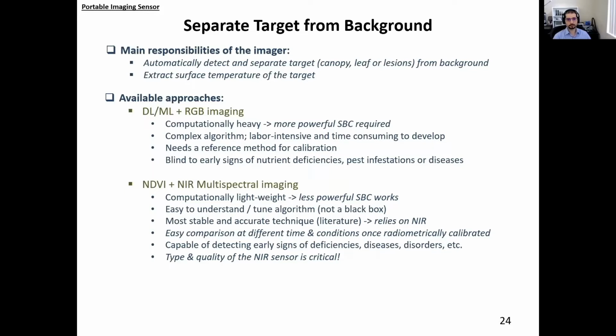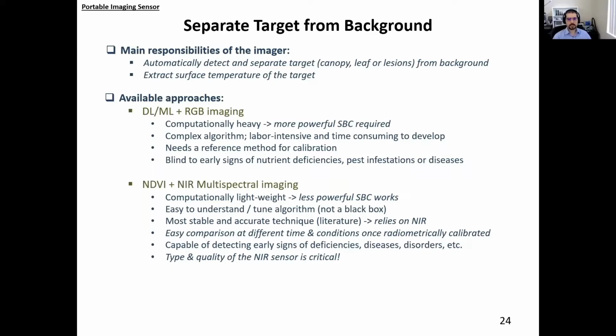The algorithm is easy to understand. It can be easily tuned. It's not a black box. We know exactly what's happening. And it's the most stable and accurate technique according to the literature, because it relies on the near infrared channel. We can easily compare different images at different times and conditions once the images are radiometrically calibrated.